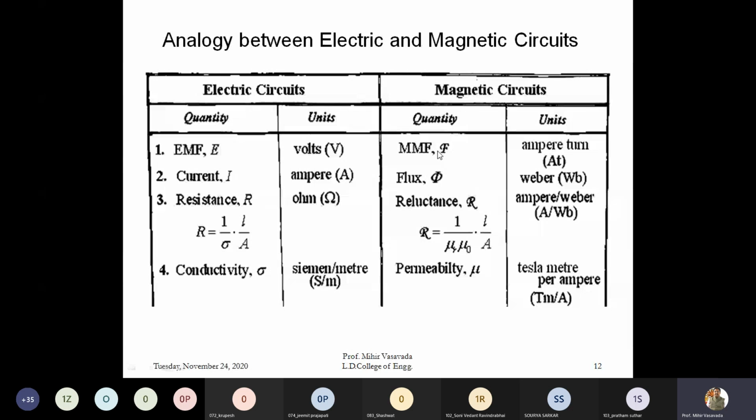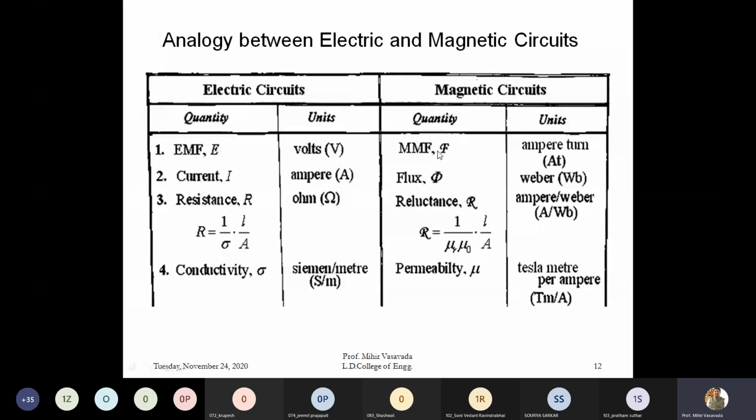So in an electrical circuit, if you are referring to the EMF, whose unit is volts, here it is MMF, unit is ampere turn. Like current for flux, reluctance for resistance, conductivity for permeance. Likewise, you can find many analogies or similarities in equations and all of the stuff.